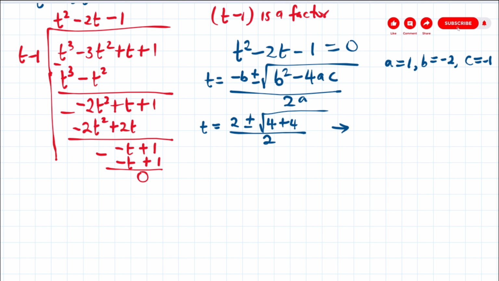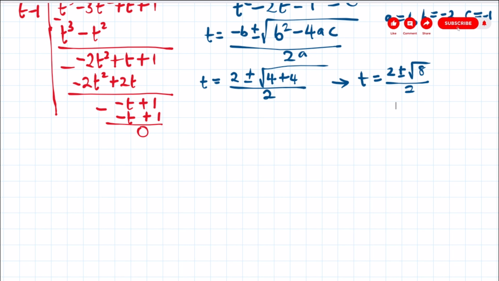So this will give you that t is equal to 2 plus or minus square root of 8, all divided by 2. So it follows that t is equal to 2 plus or minus 2 square root 2 over 2.